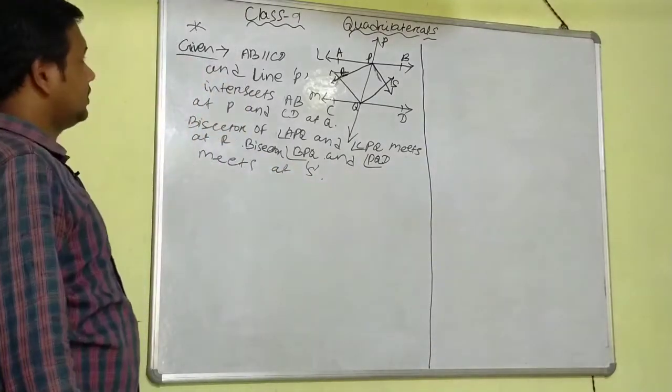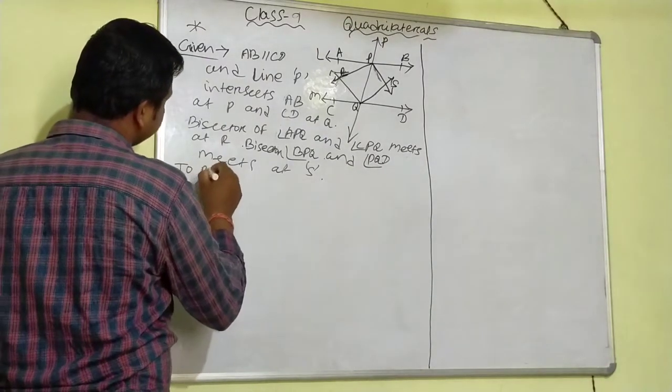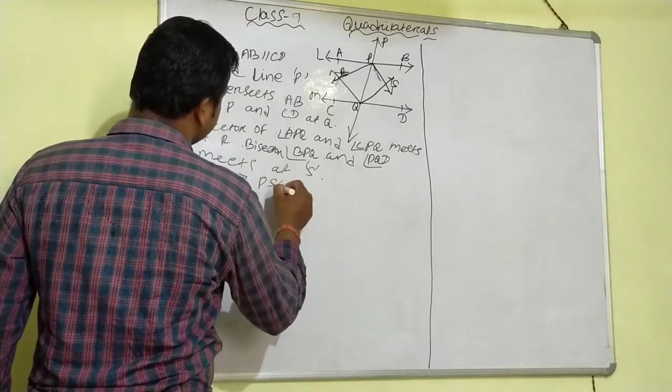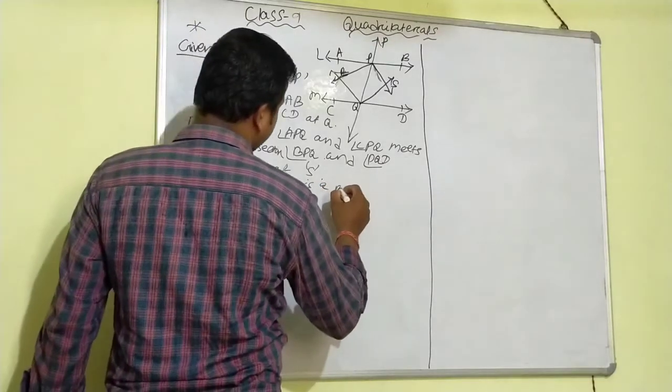Okay, that was given. We have to prove PSQR is a rectangle.